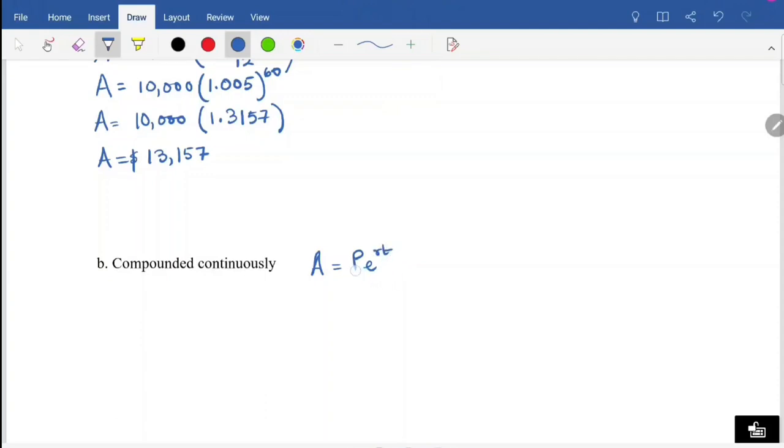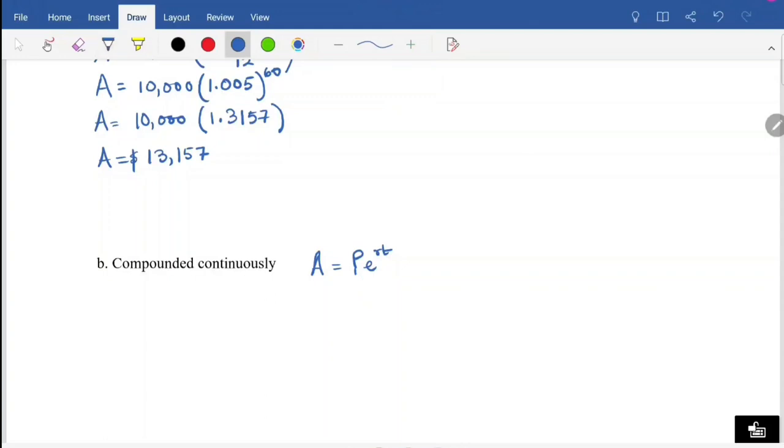Again, this is similar to the problem that we had solved previously. Only thing is, instead of A sub 0, we have used P, because we are working with a financial application problem, compound interest, where we call the initial amount the principal amount.